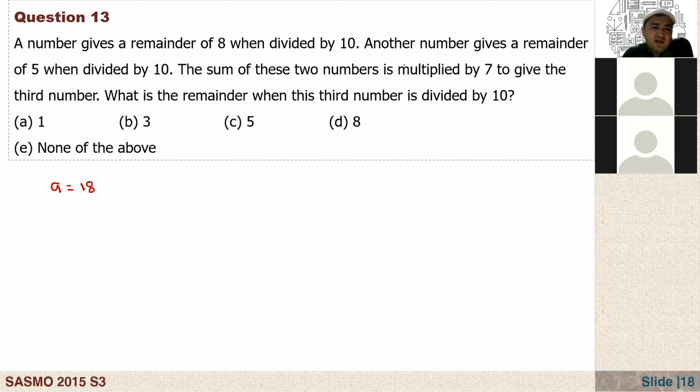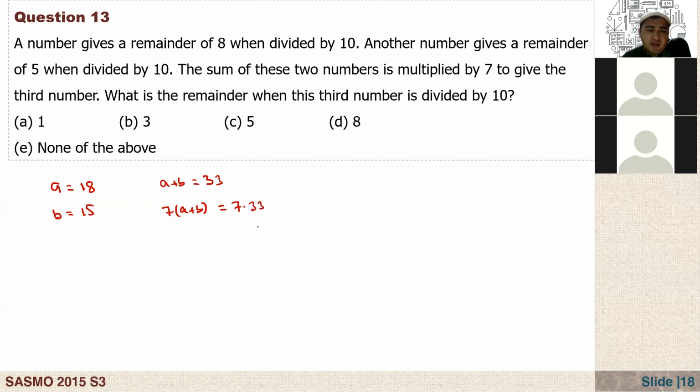Another number gives a remainder of 5 when divided by 10, so let's say the smallest such number is 15. The sum of these two numbers is 18 plus 15, which is equal to 33, right? And if you multiply by 7, it is 7 times 33, right?